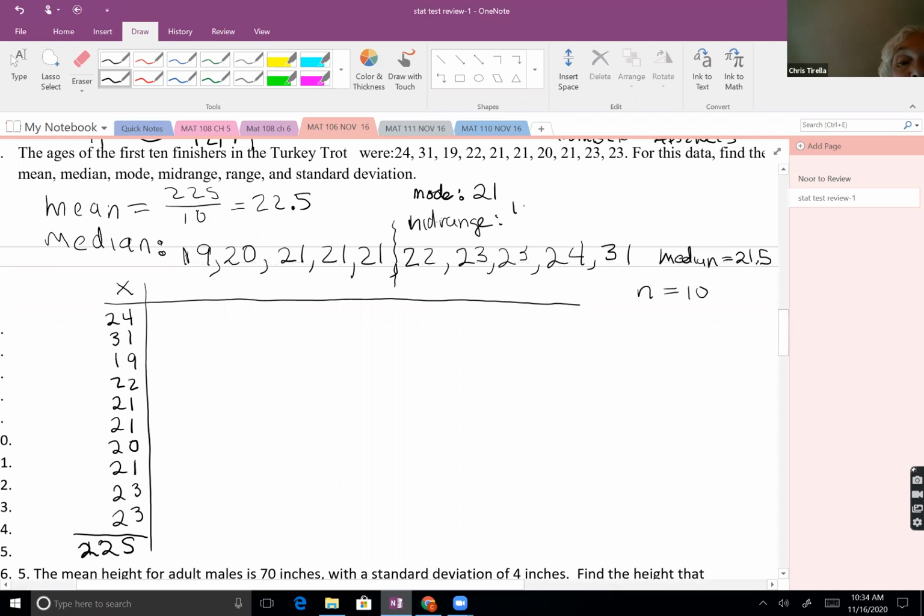Mid-range, the middle of the range: the youngest is 19, the oldest is 31. 19 plus 31 is 50, divided by 2, or 25. Now, those of you who said 12, that's the range. The range is just the highest minus the lowest, which is 12.